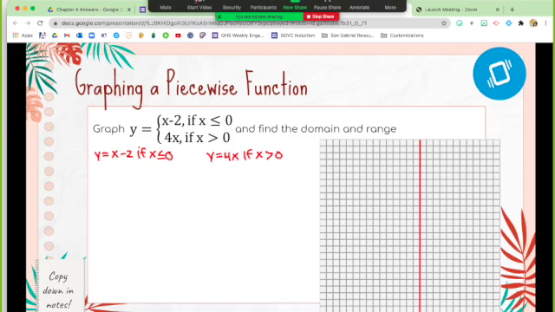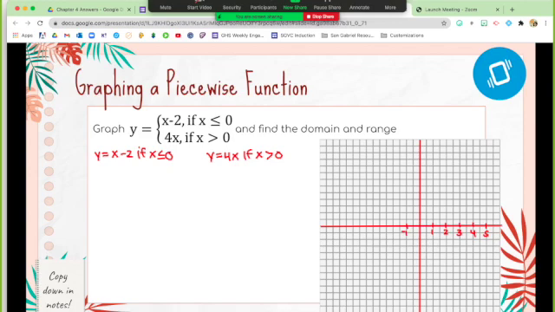What I'm going to do is just create the image right here. Here are the lines showing the x-axis and the y-axis. And then I'm going to write down right here, this is 1, 2, 3, 4, and 5.